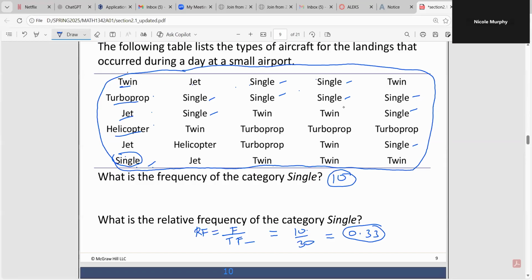No, you lost me when you got to once you counted the 10 single, then after that I was completely lost. So all you have to do is just count the total number of observations in the data.